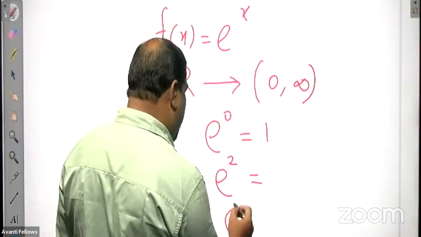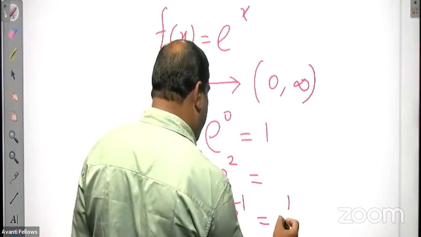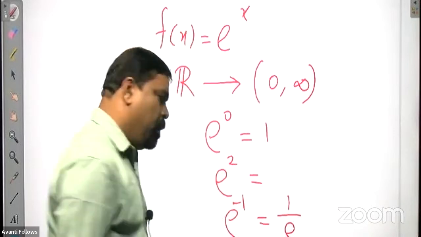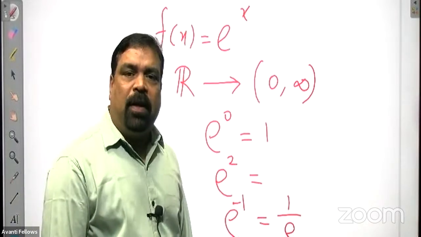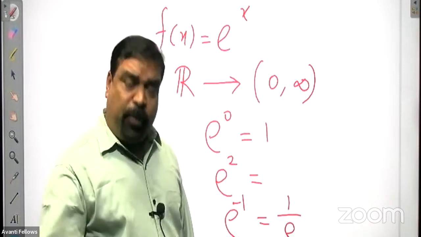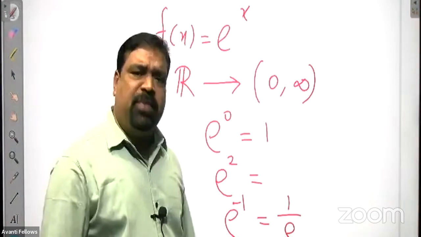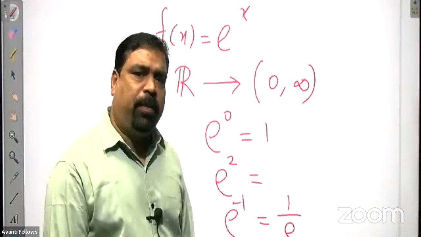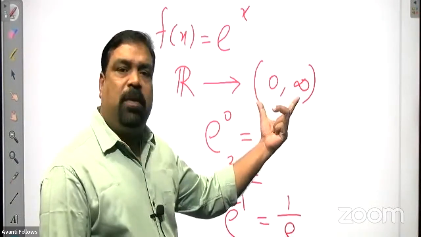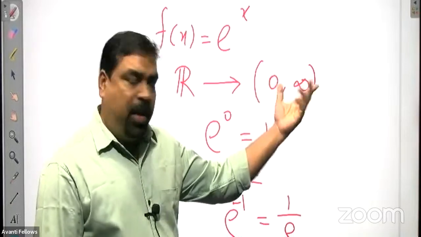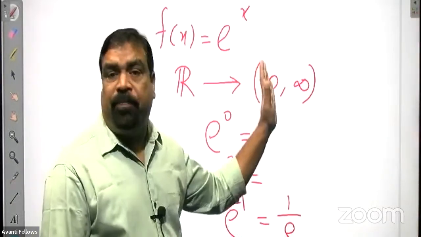If I put x equal to negative 1, e power negative 1 means 1 by e. 1 by e is a positive number, because e is a positive number. That means the range contains only real numbers from 0 to infinity, all real numbers greater than 0.